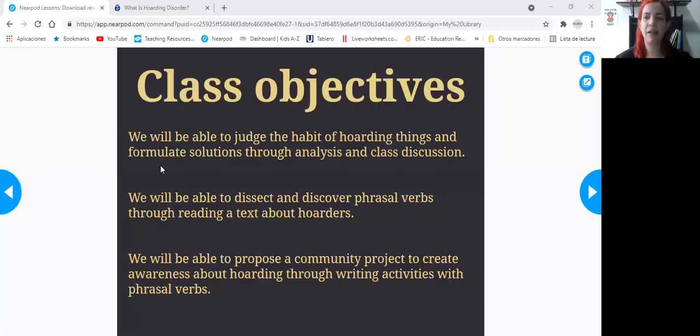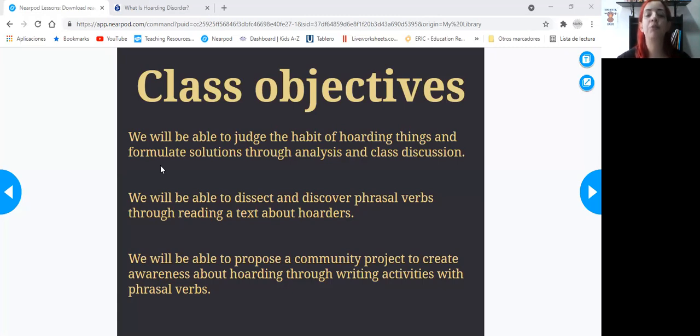Please, let's see the objectives of the class. Be able to judge the habit of hoarding things and formulate solutions. For every problem, we have a solution through analysis and class discussion. You will be able to dissect and discover phrasal verbs through reading a text about hoarders.